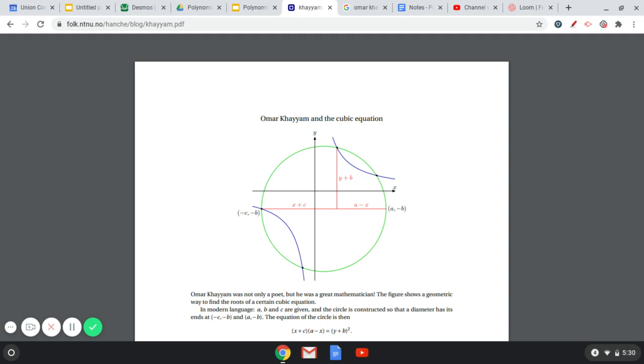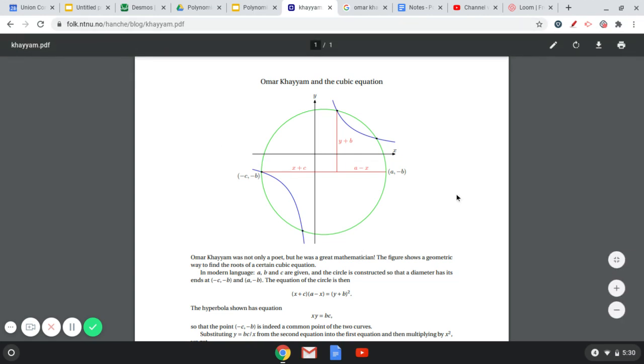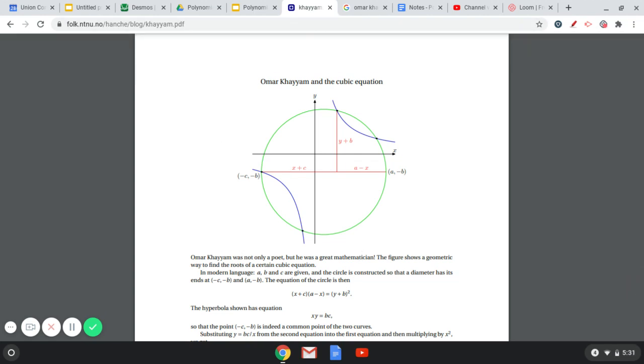So way before all these European guys were finding out these things. So in the cubic equation, he proved the roots of a cubic equation using geometry. He created a geometric proof, which is fascinating and honestly light years ahead of these European men.